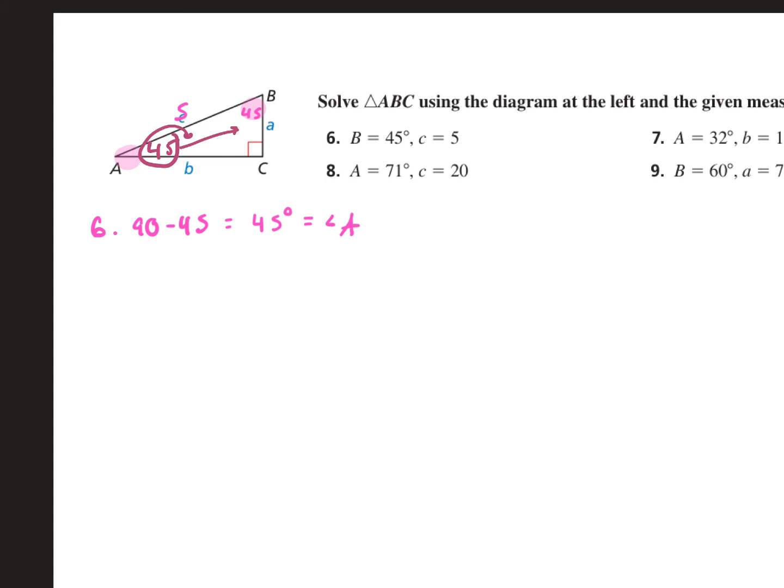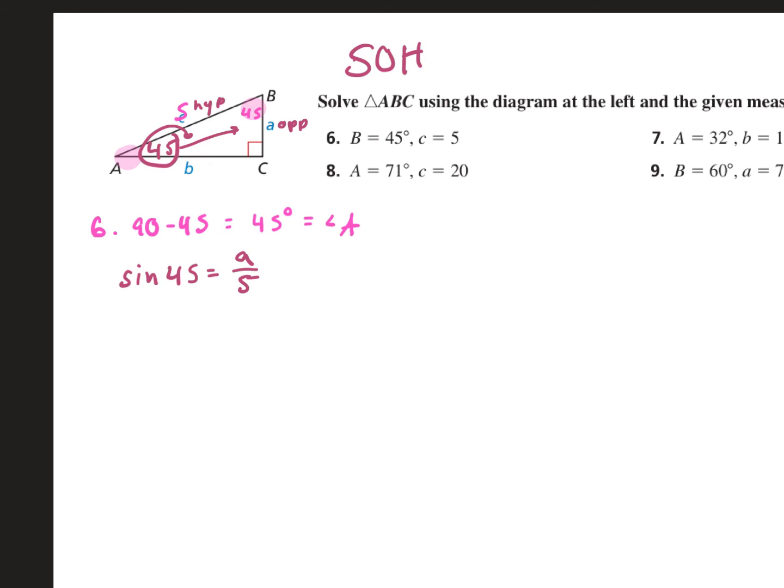So we could say sine of 45 is equal to opposite over hypotenuse. So A over 5. Now sine of 45 is one of our special angles, so we can go back to that chart to figure out what exactly sine of 45 is.